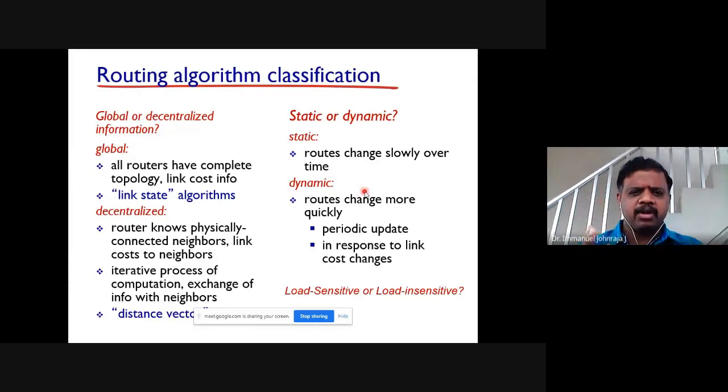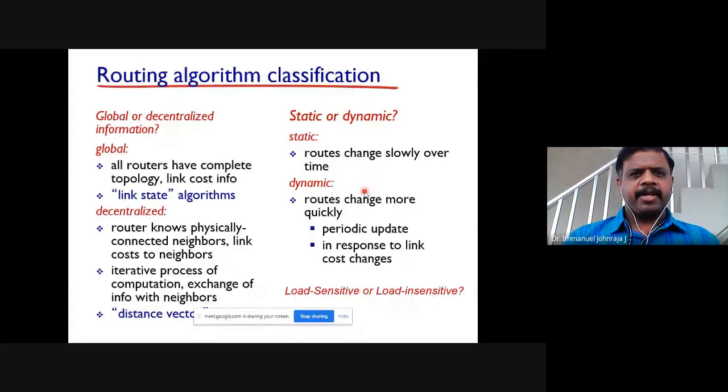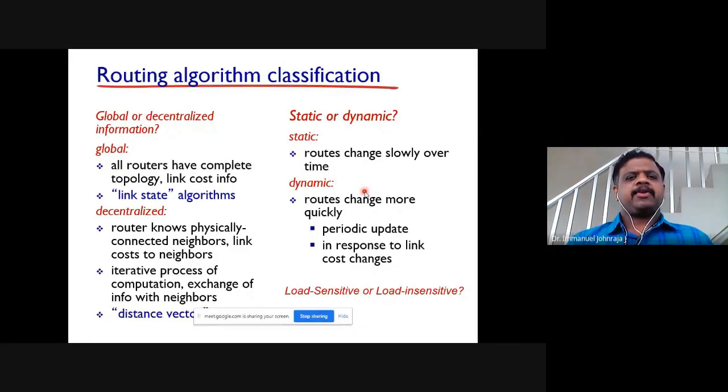It's all clearly available as a whole picture, a big picture, a complete picture, with the routers. Then it is called global information. So it knows who is connected to whom, the state of the link, whether it is up or down, and what its cost is. Everything is known to every one of the routers. That is called your link state routing protocols.